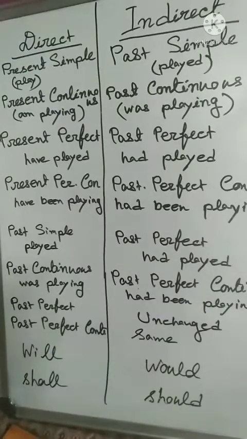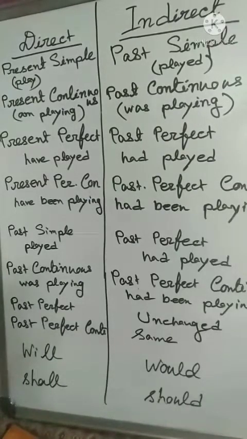Present perfect will change to past perfect: have played becomes had played. Present perfect continuous will be past perfect continuous: have been playing becomes had been playing.